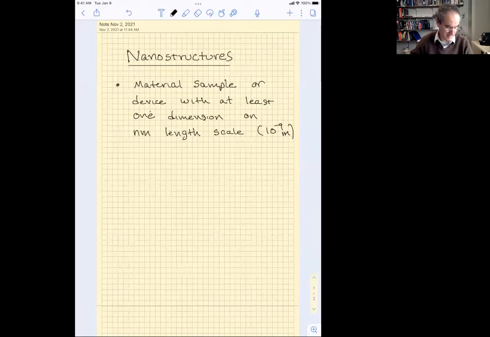Pretty straightforward, right? And these materials and devices with small dimensions are small enough that the structure can create a confining potential for electrons or holes. Okay?